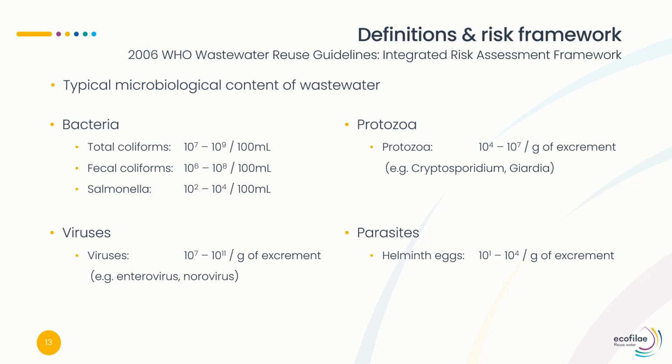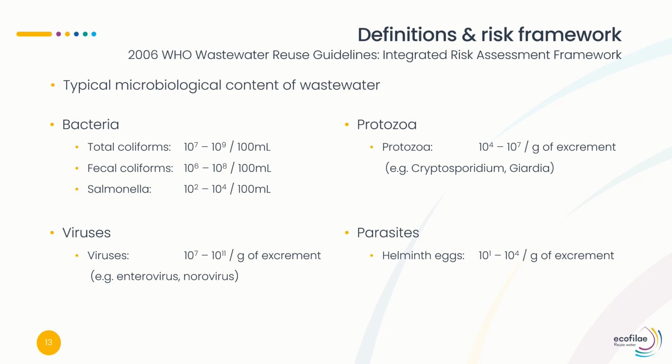Then, if we can treat or manage the risk of the reference pathogen, it is very likely that we will also have addressed risks related to a number of other similar pathogens. Hence, the microbes shown on the screen are some of the common ones used as such reference microbes. We can also see that the numbers of these pathogens in wastewater are extremely large.